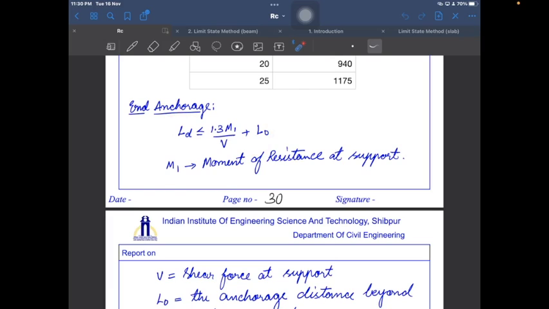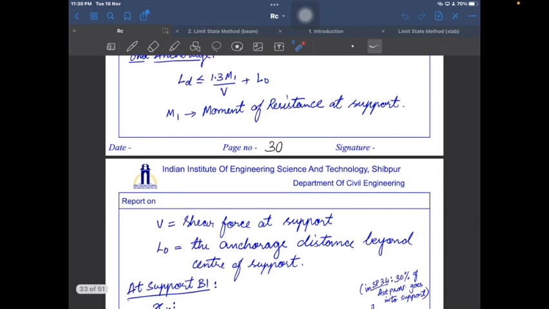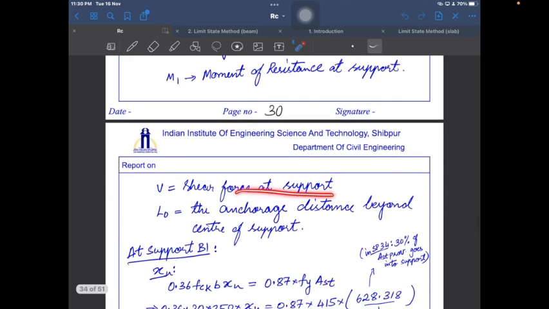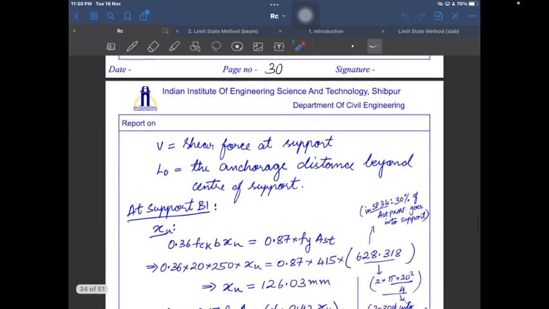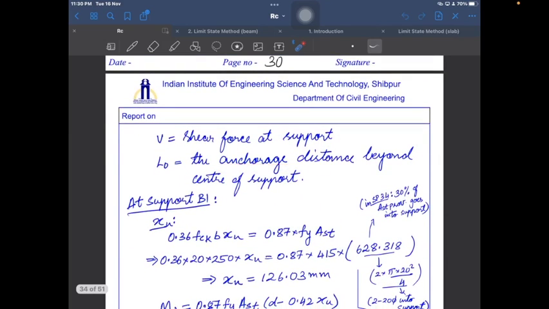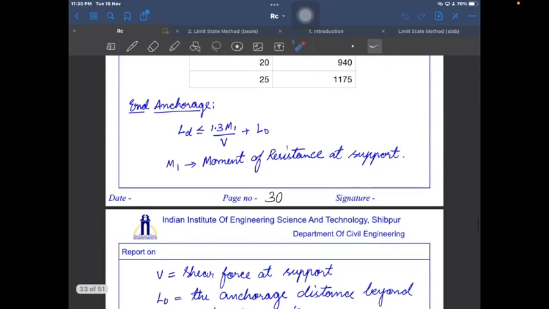So M1 is moment of resistance at support, and V is shear force at support, and L0 is anchorage distance beyond center of support. I hope whatever I have written is clear.